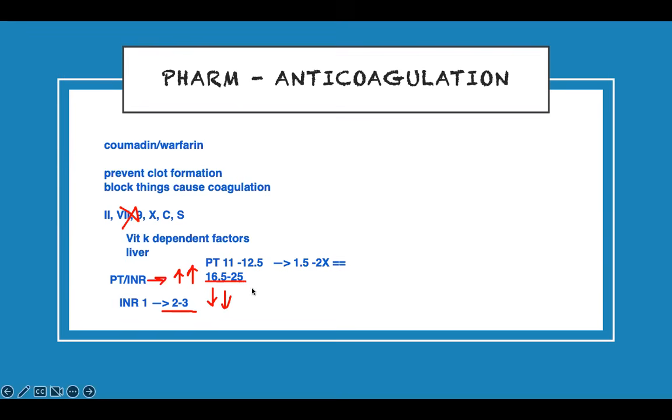Unfortunately, if you have heart valve disease, we want a higher level. So instead of 2 to 3, this becomes 2.5 to 3.5. You increase it by half, because they have a valve that can form a clot easily.